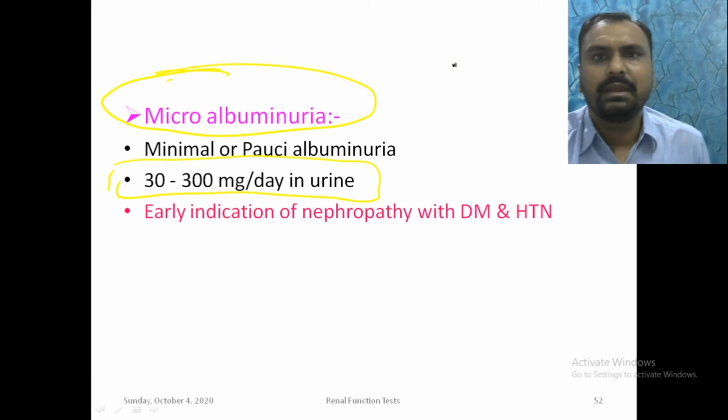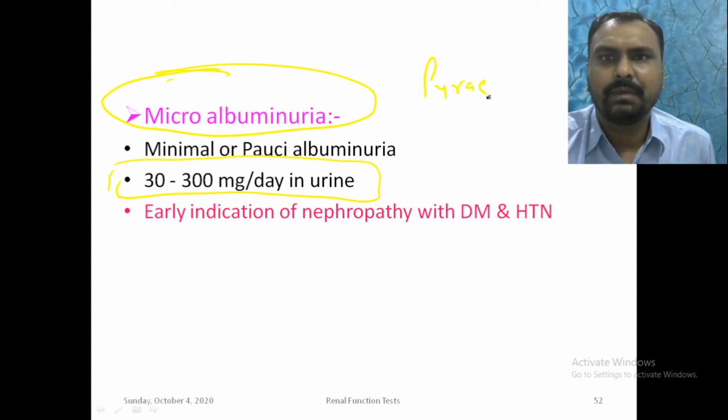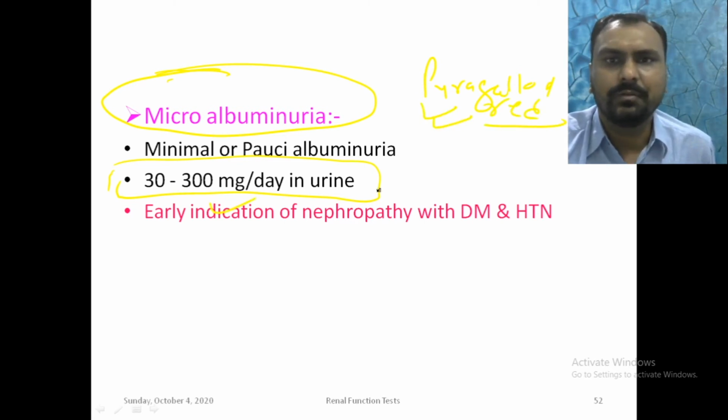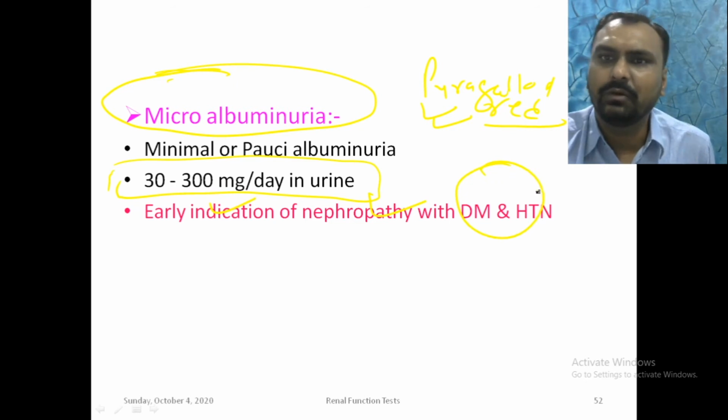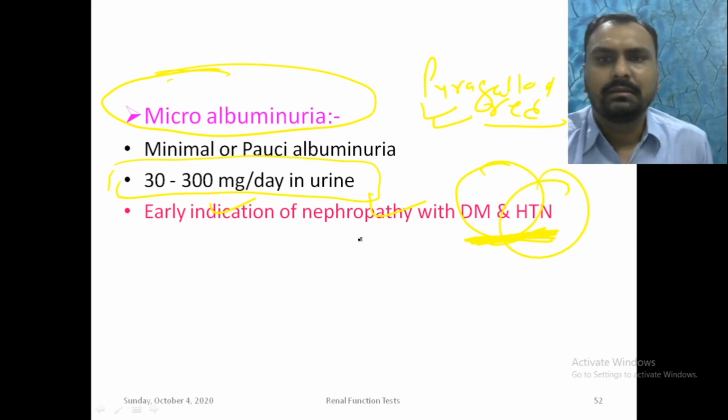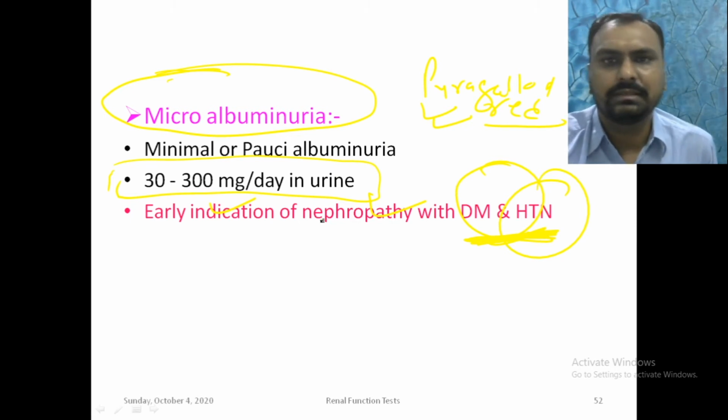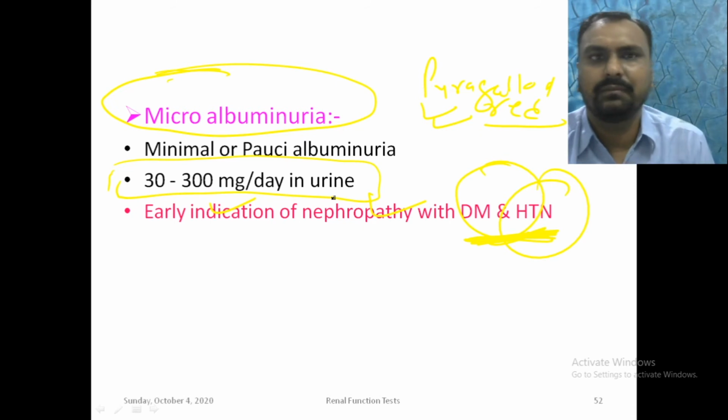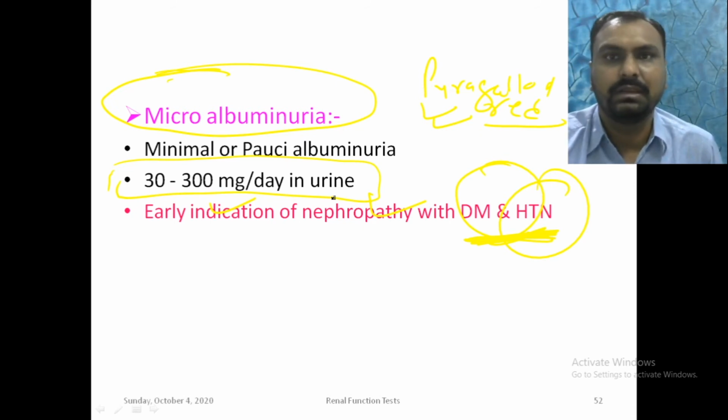It is detected by the pyrogallol red method. It is an early indication of nephropathy with diabetes mellitus or hypertension, which, as we know, are very common diseases. So the presence of microalbumin in urine is suggestive of early damage by diabetes or hypertension. If we can diagnose it early, we can treat the patient early and prevent kidney damage.